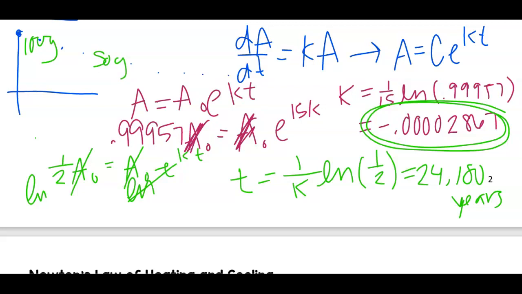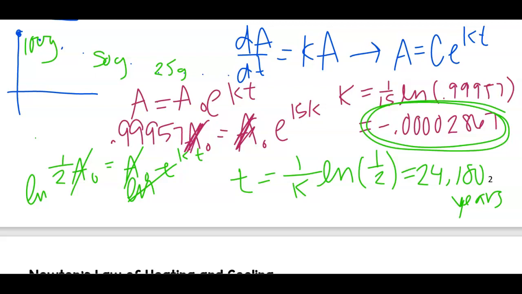And here's the thing about half-life. In my brain, I'm always like, oh, then in another 24,000 years, it's gone. No. In another 24,000 years, we still have 25 grams left. That's how half-life works, and that's why it's exponential decay, not linear decay, because it's still only half left every 24,000 years.